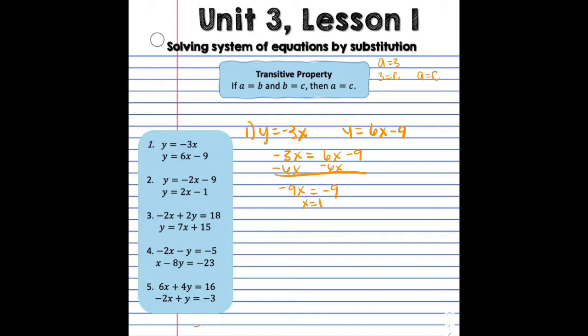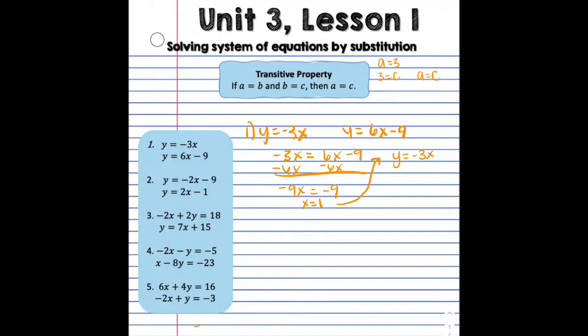So far, all I've done was apply the transitive property. I said, well, if y equals both of these things, then I can set them equal to each other. I solved for x, and I figured out my x value. But I also want to know my y value. What's my y value? So I can figure this out by plugging x in. I'm just going to choose y equals negative 3x because that's an easier equation.